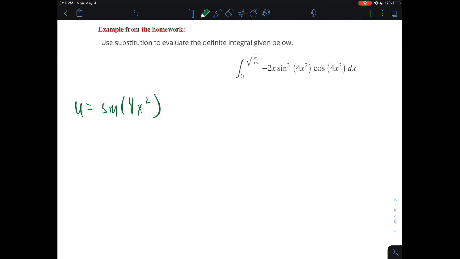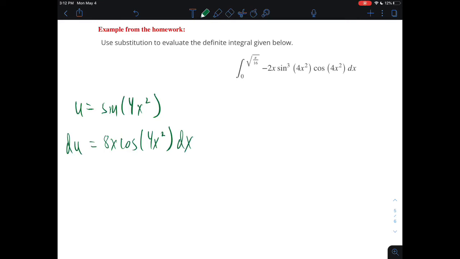And when I use the chain rule on this function to find its differential, I will get cosine of 4x squared, and then times the derivative of 4x squared, which is 8x, and then dx.